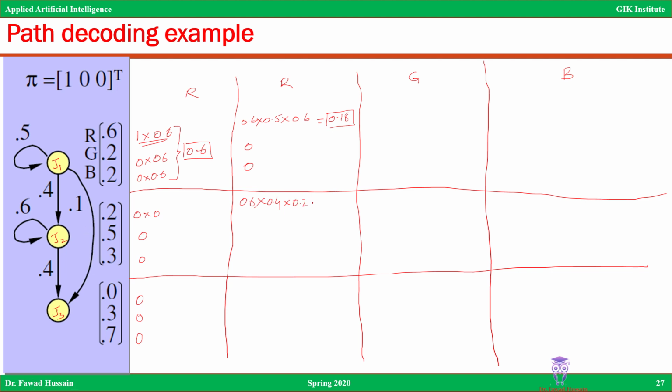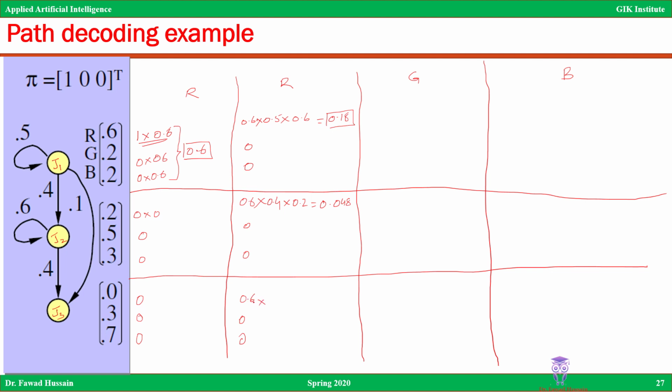So multiplied by 0.2, and this value is 0.048, and anything else here is 0 and 0, and this is also 0, 0, 0, because there is no way.